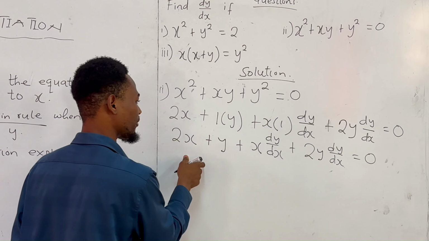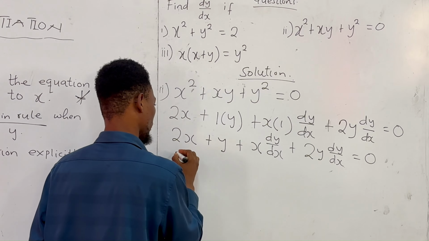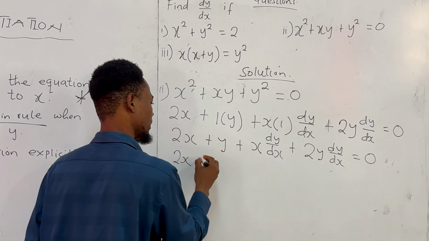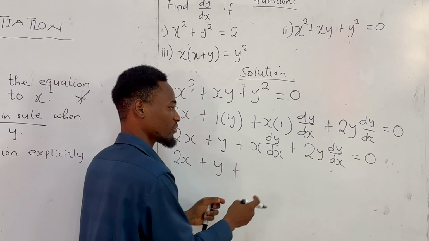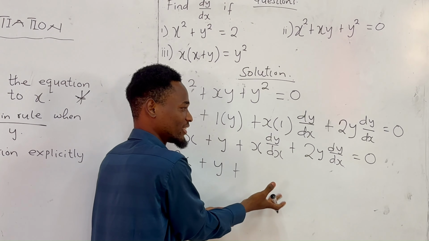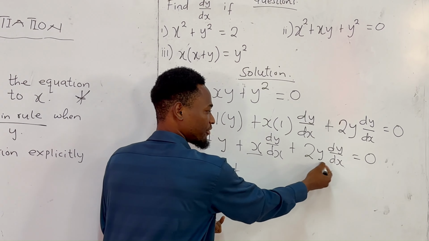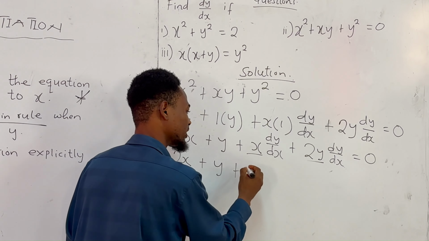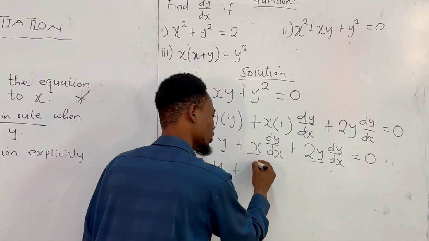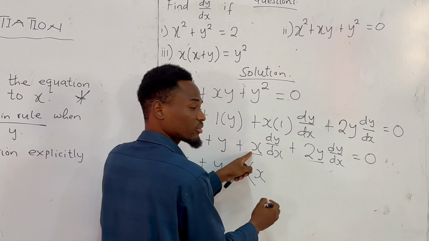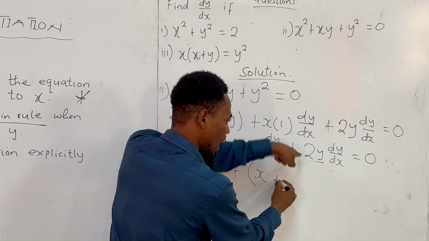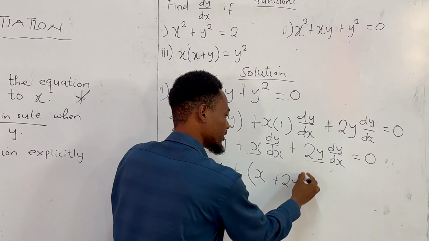So I have 2x plus y, then plus I can factorize this and factorize that. So I can close the brackets. I have x plus 2y.